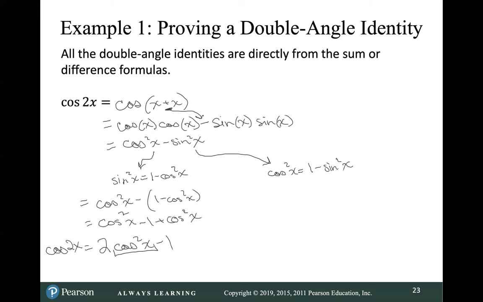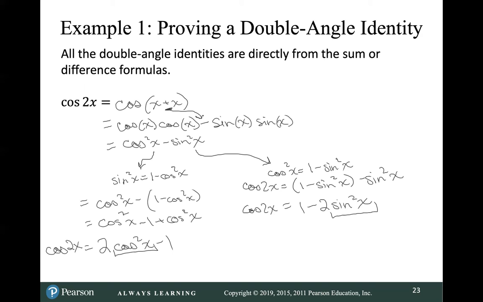So now we have cosine of 2x equals, instead of cosine squared, I'm going to write it as 1 minus sine squared x minus sine squared x. Nothing to distribute this time. It's just 1 minus 2 sine squared x. And then again, if you solve for sine squared of x, you will get the power reducing identity directly from here.